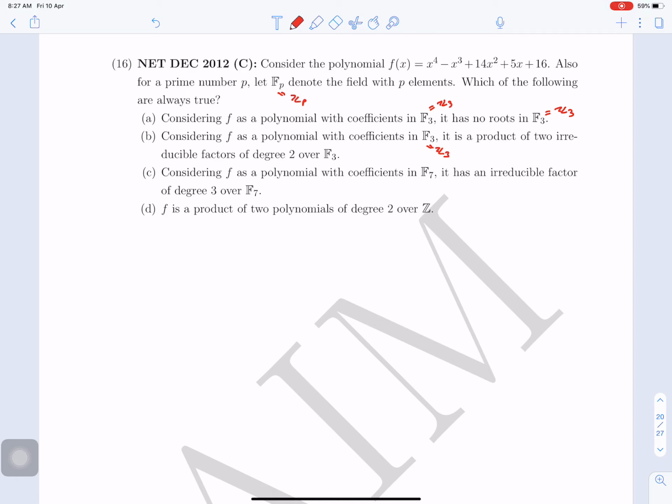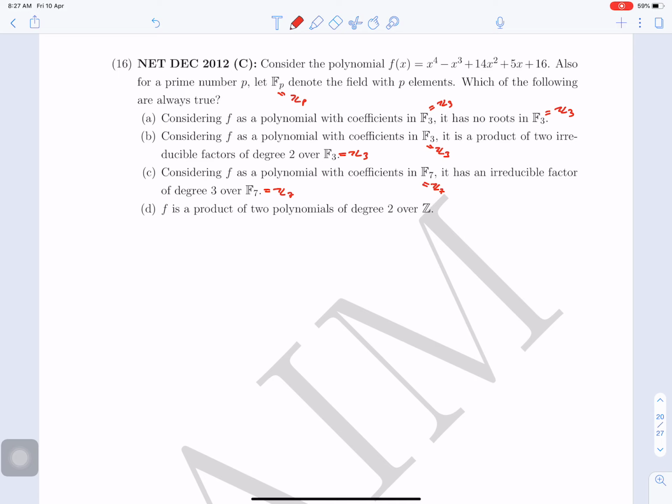It is a product of two irreducible factors of degree 2 over Z3. Considering f as a polynomial with coefficients in Z7, that is F7, it has an irreducible factor of degree 3 over Z7, and f is a product of two polynomials of degree 2 over Z.